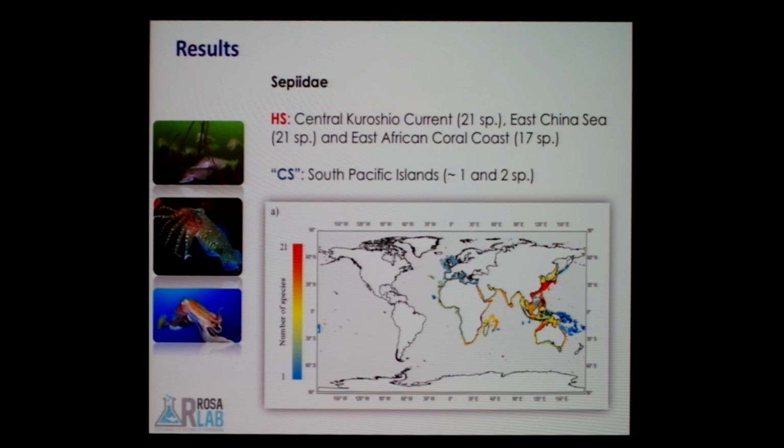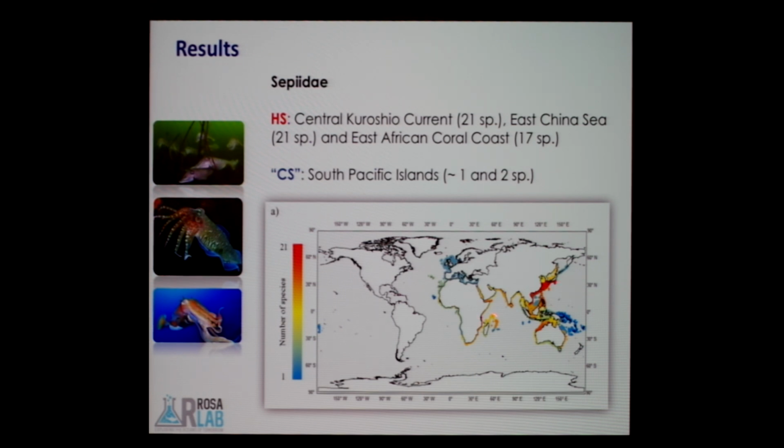So we saw that the hotspots of the cuttlefish are near the central current with 21 species, the East China Sea with 21 also, and the East African coral coast. Let's see, so here and here.